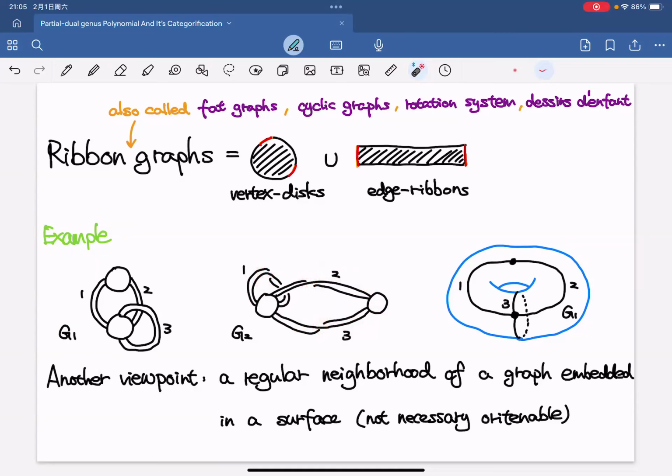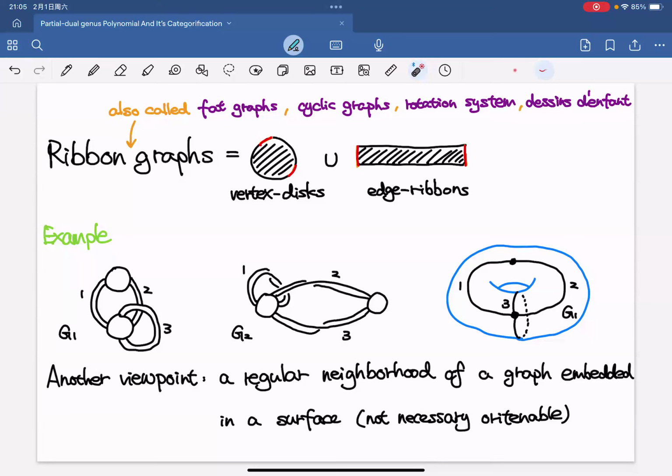I would like to remark that all the ribbon graphs considered in my talk are abstract graphs, so they are not embedded in 3-space. For example, this crossing could be overcrossing or undercrossing, so it doesn't matter. It's just an abstract graph.